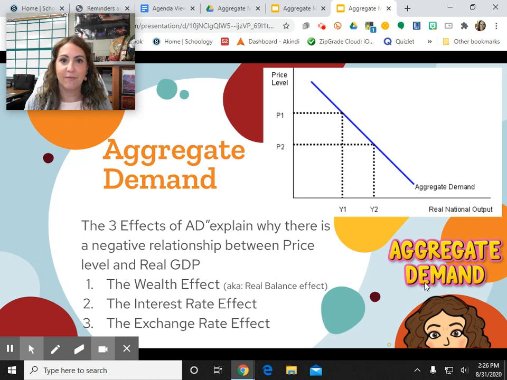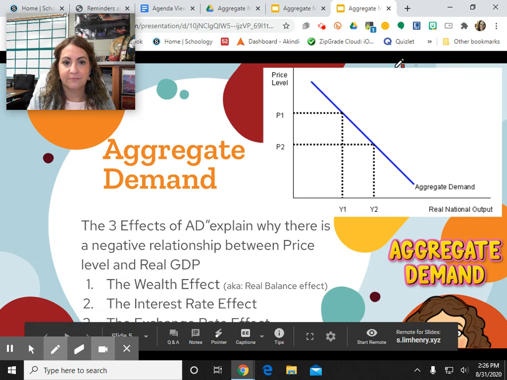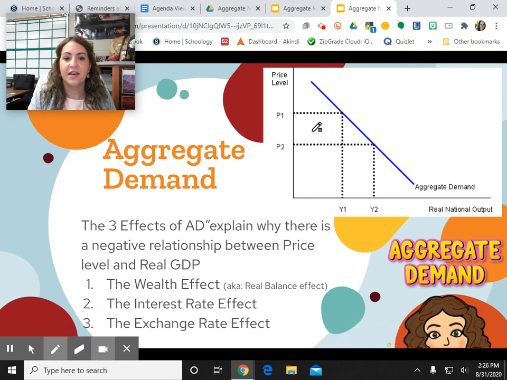And if you know anything about graphs, a downward sloping line, or any line on a graph, represents a relationship. So let's talk about what kind of relationship a downward sloping line means. It means if one of these variables was to go up, the other variable would go down. They are inverses of each other. It is a negative relationship, that they're negatively related.